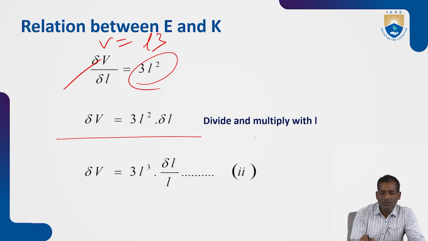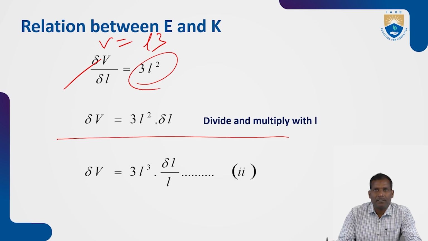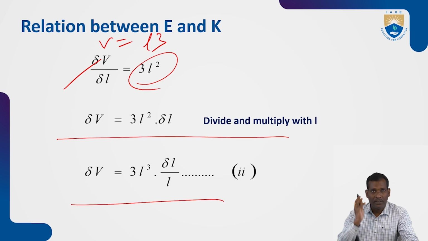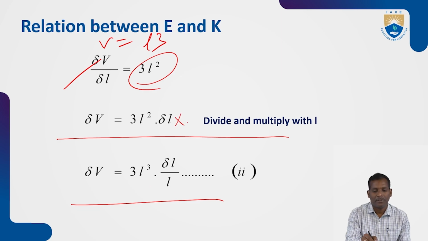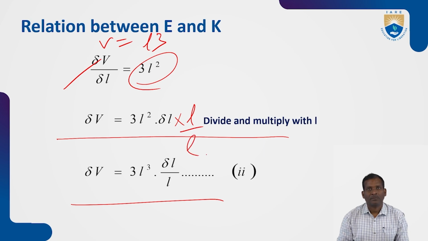So now write the equation like this: delta V is equal to 3L square into delta L. Now divide and multiply with L. So we will get the equation delta V is equal to 3L cube, delta L by L.